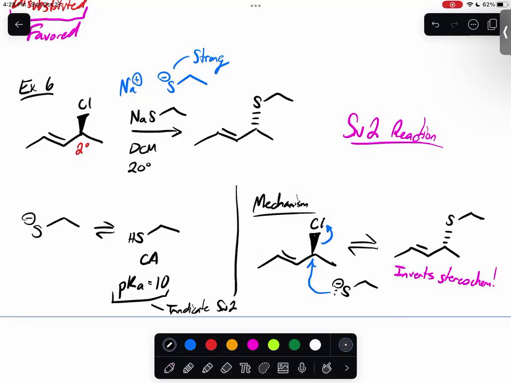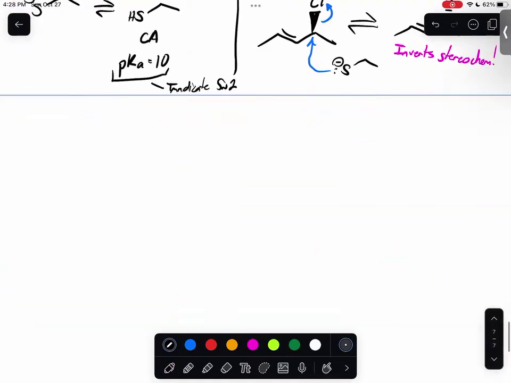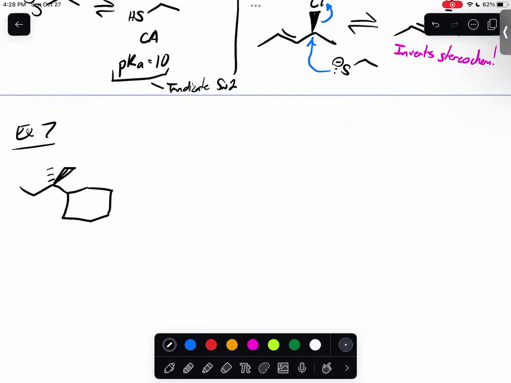All right, let's do another one. So, example 7 here. Let's say our starting material is this here, and we do a reaction where we just add methanol at 60 degrees Celsius.